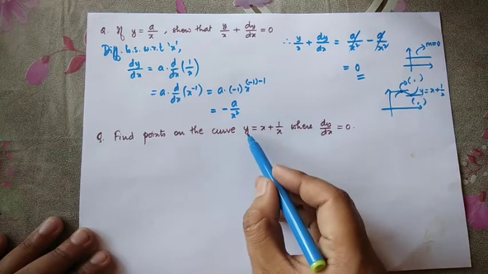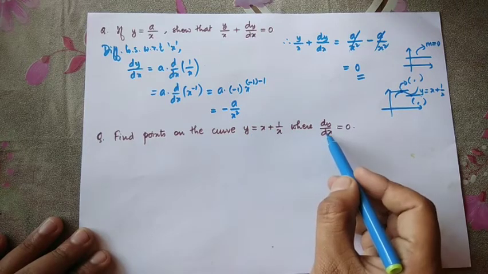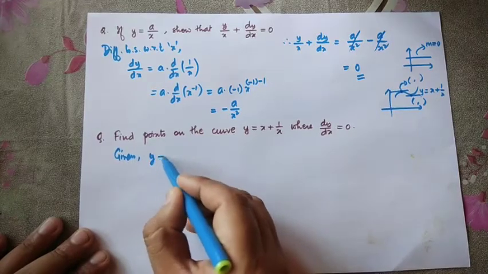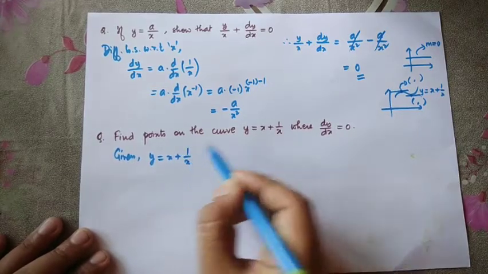So first and foremost we need to find dy by dx. Okay, so given is y equals to x plus 1 by x.